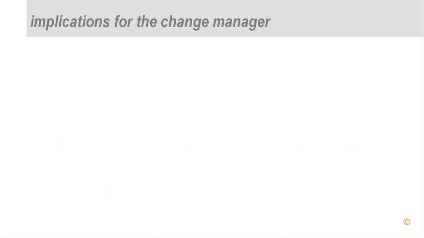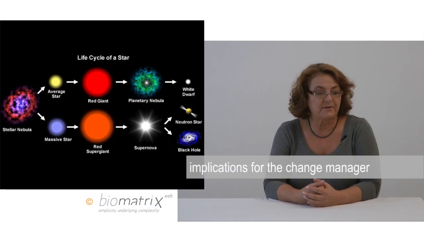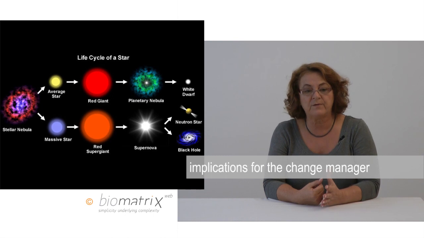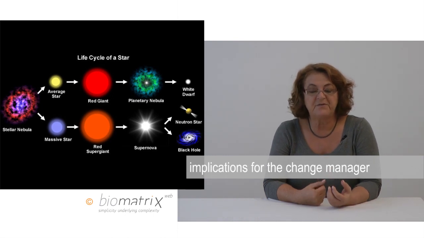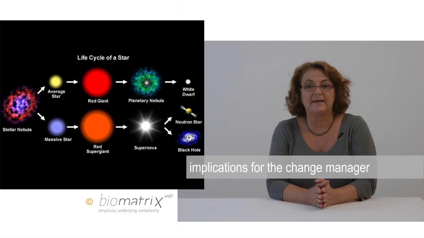The implications for the change manager are that a system needs different change interventions during different stages of its development. One doesn't treat a toddler in the same way as a teenager. Likewise, if a business is in an early growth phase, different strategies are necessary than during a mature phase of the business.